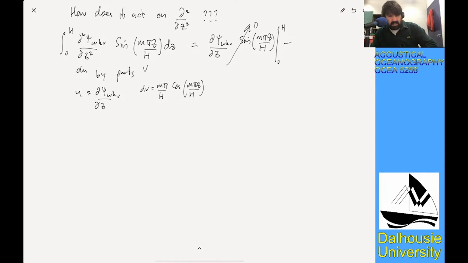So u, the integral from 0 to h, u is this dz omega kr, and then dv is going to have a cos m pi z over h, and I'm running out of room. Doesn't only happen on the board. And then let's put our m pi over h out front here.